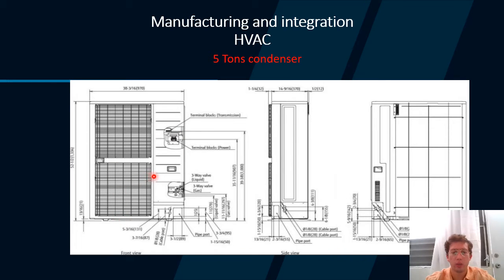Inside there will be the compressor. Here are the communication cables port, and here are the refrigerant lines port. Here's a side view and a back view of the 5-ton condensing unit.